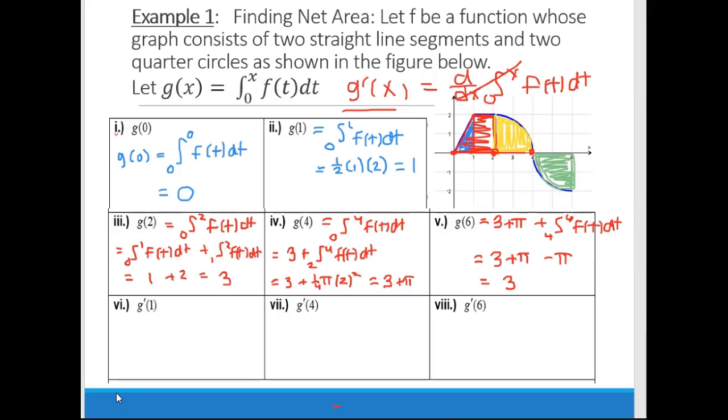G prime of x is really the graph, or f of t. So what that means is if I want to find g prime of 1, it's the value on the curve. So g prime of 1 is 2.